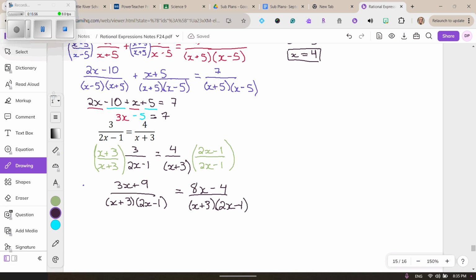Okay, now that I have my denominators the same, they both are x plus 3 times 2x minus 1, they can cancel. And I'm going to be left with 3x plus 9 equals 8x minus 4. Okay, I subtract 3x from both sides.